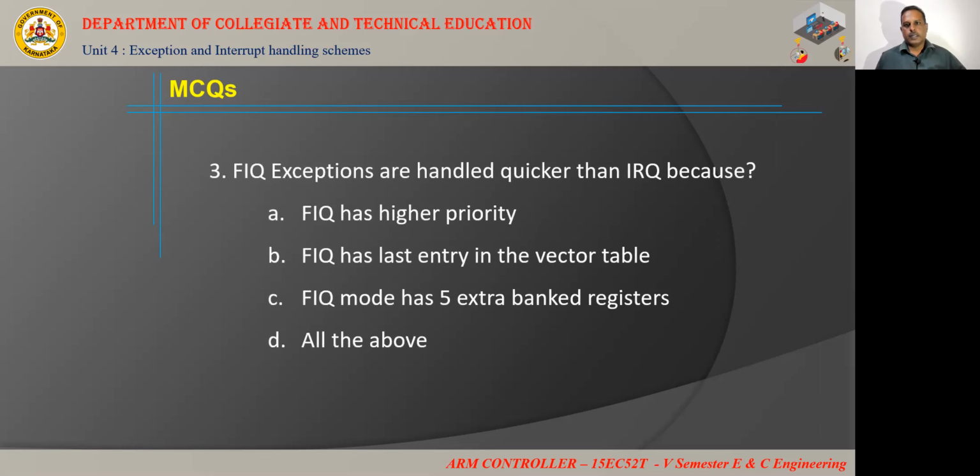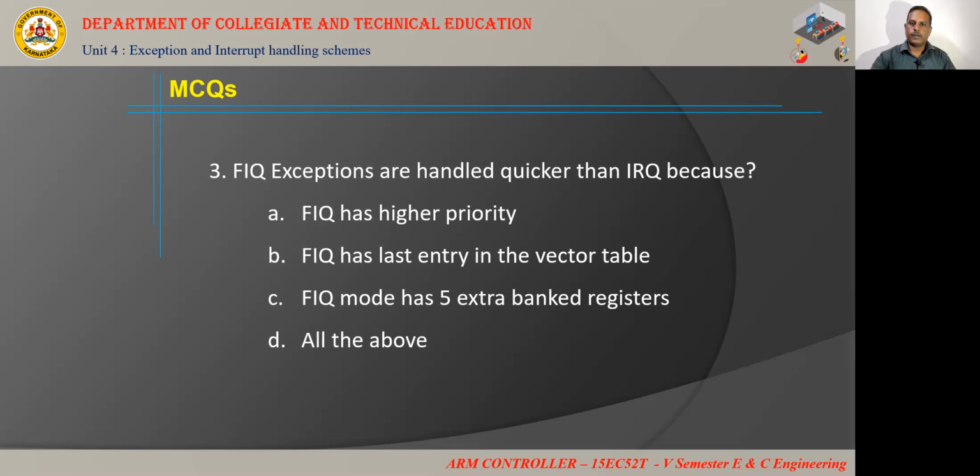FIQ exceptions are handled quicker than IRQ because FIQ has higher priority, FIQ has the last entry in the vector table, FIQ mode has 5 extra banked registers, all the above. See, FIQ exceptions are handled quicker than IRQ interrupts because of all these reasons.